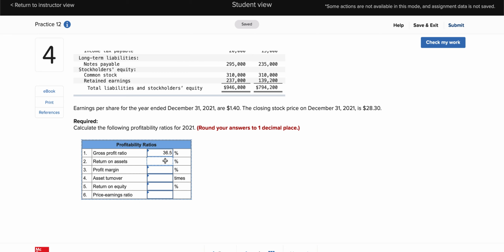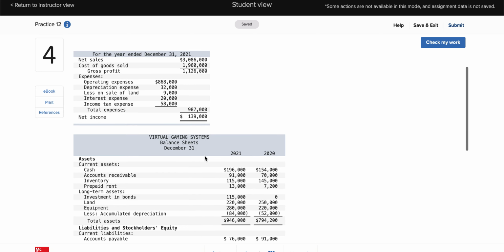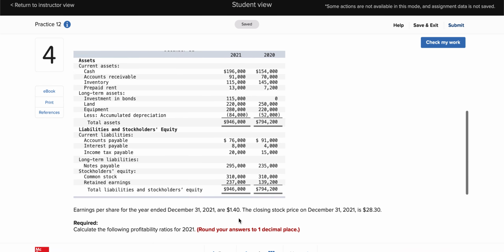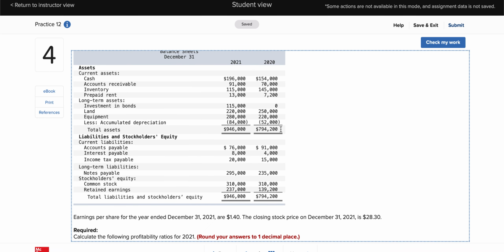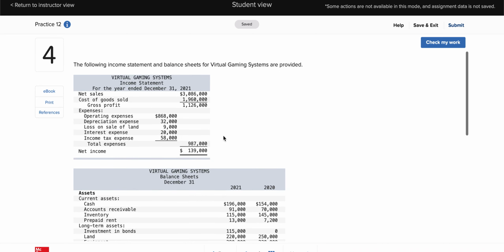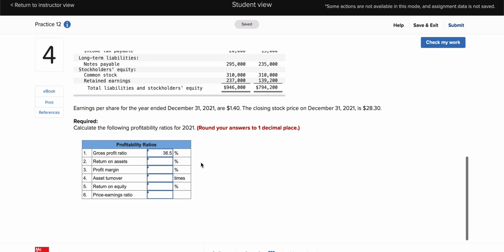The return on assets, we are going to take our net income and divide that by our average assets. So we're going to take the 794,200 plus 946,000 divided by 2. And we're going to take 139,000 divided by that average. That gives us 16%.